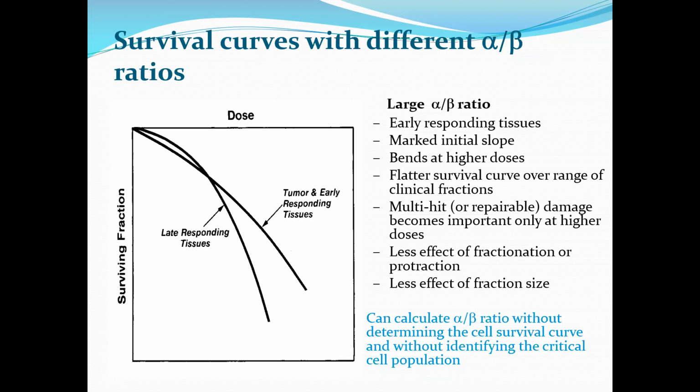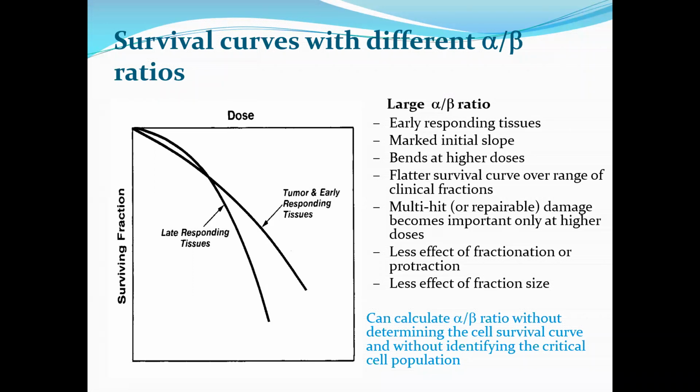So at lower doses, for the early responding tissues, the surviving fraction for the same dose is less, and for the late responding tissues, the surviving fraction is more. But as the dose increases, the surviving fraction for early responding tissues is more, and for late responding tissue, the surviving fraction is less.